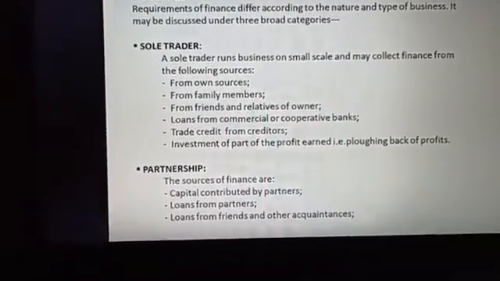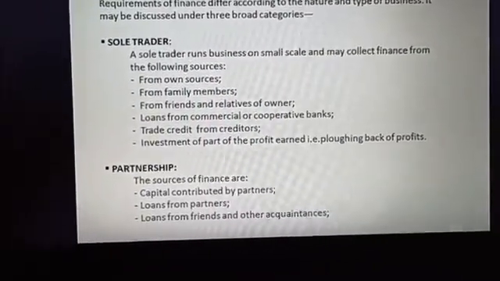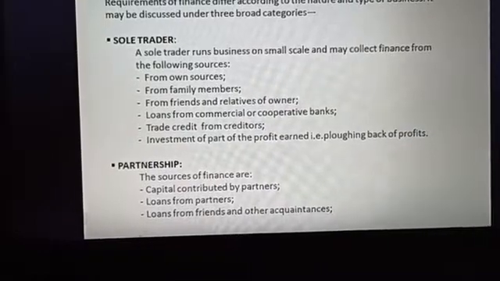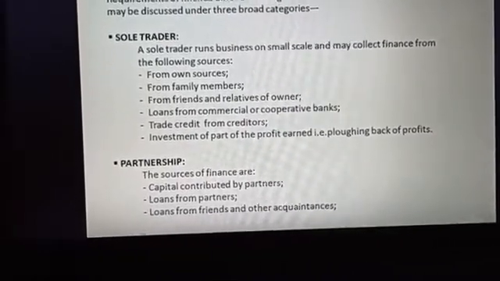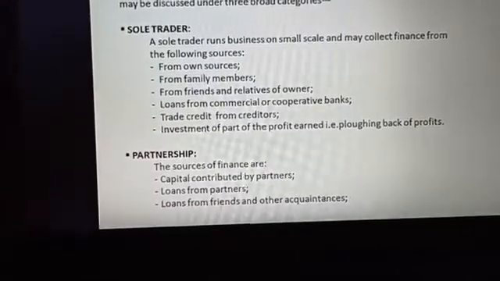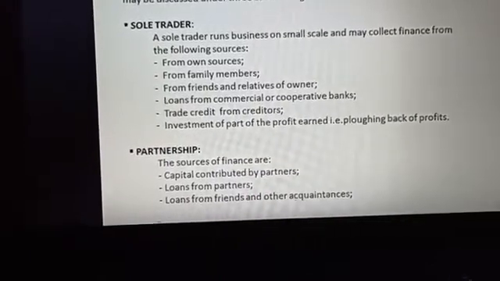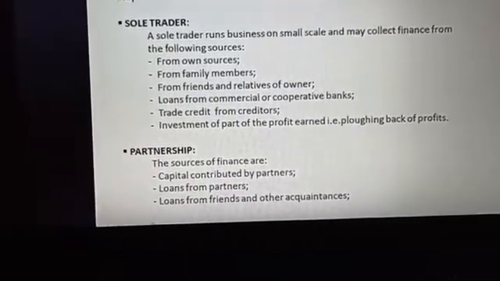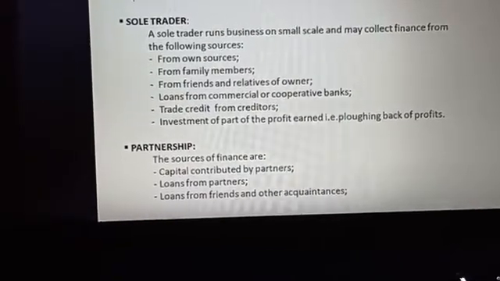A sole trader usually runs business on small scale and may collect finance from different sources like his own source, from family members, from friends and relatives of the owner, loans from commercial and cooperative banks, trade credit from creditors, investment of part of the profit earned, that is plowing back of profits.